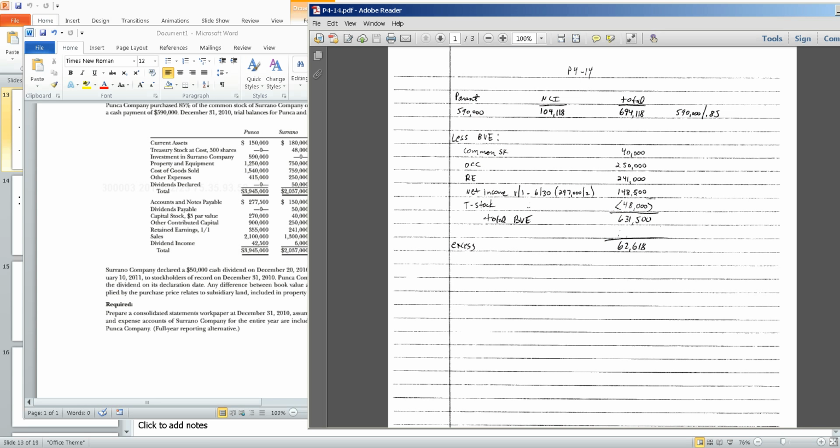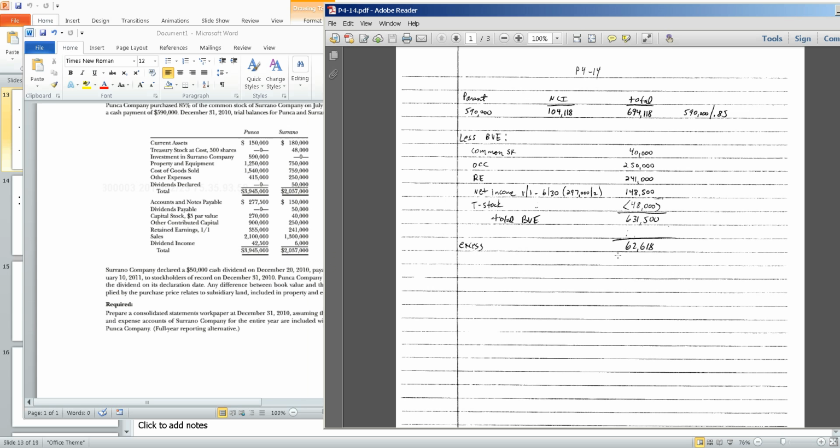That needs to be included as a component of book value of equity in calculating the excess amount here. So total book value of equity, once we include all these things, is $631,500. So the excess of imputed value over book value of equity, 62,618, is what we're going to allocate to the difference account and ultimately assign to subsidiary land.